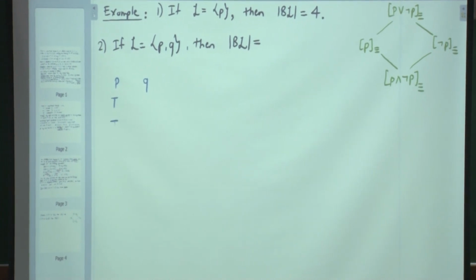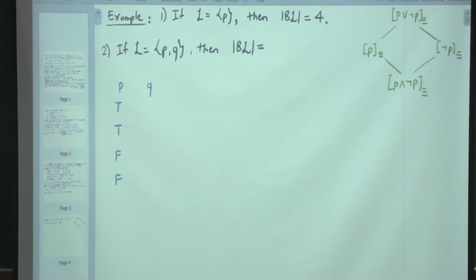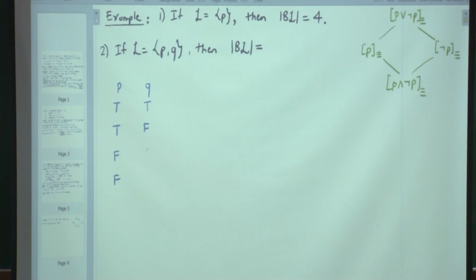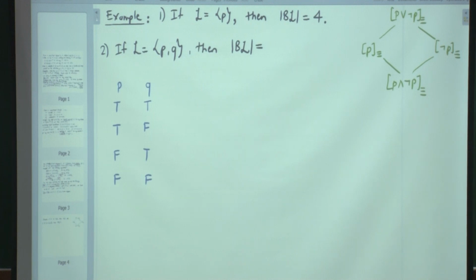It says TTFF and TFTF, that's how we start, right? Now, these columns contain 2 T's and 2 F's. Well, I am using false, I shouldn't be using false. I have decided to use the other convention.